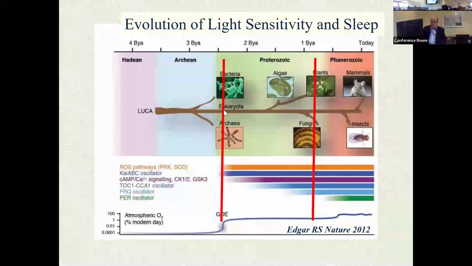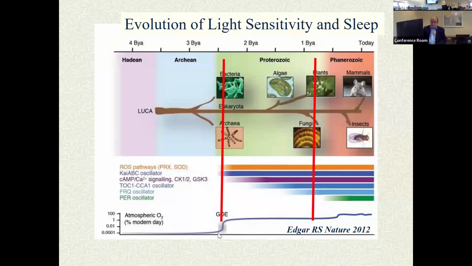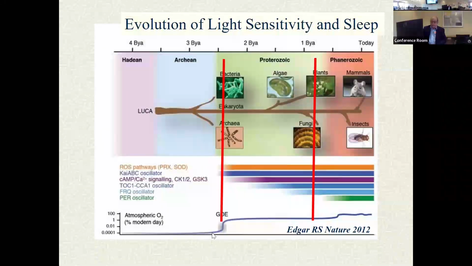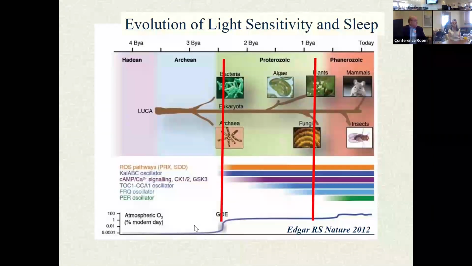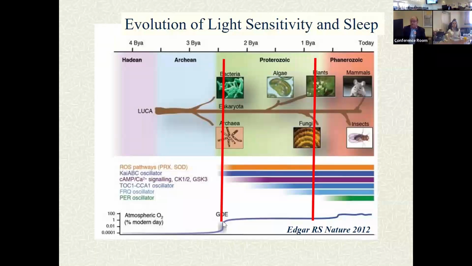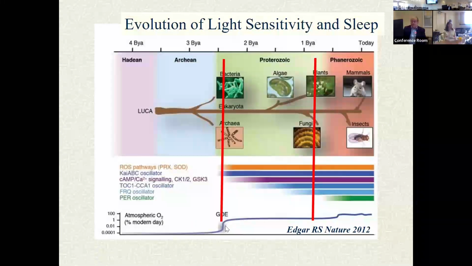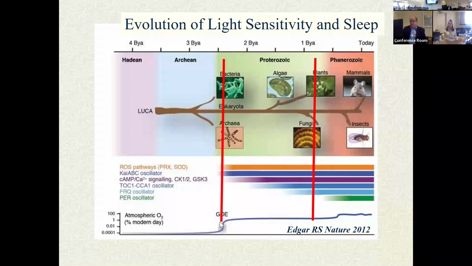What's interesting is that they think the original light sensitivity comes at a point when atmospheric oxygen levels are high. Those oxygen levels go from near zero to almost one atmosphere.